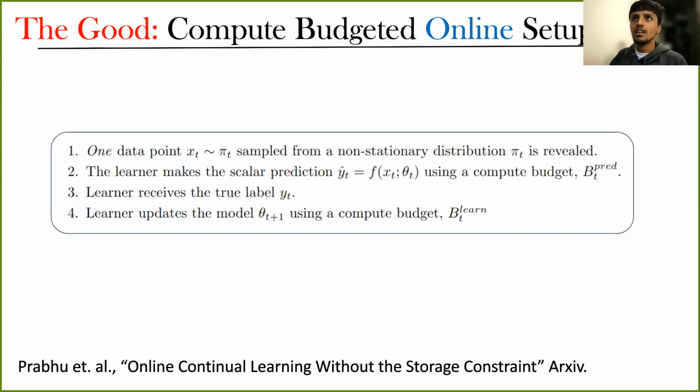This is the key online setup: you get new data, you predict on it, you make some mistakes, someone tells you that this is a mistake, and your algorithm should update very rapidly. And this is within the compute budget. You can't take too long to update, otherwise the stream is long past. All right, this is the online continual learning setup for compute budgeted applications.